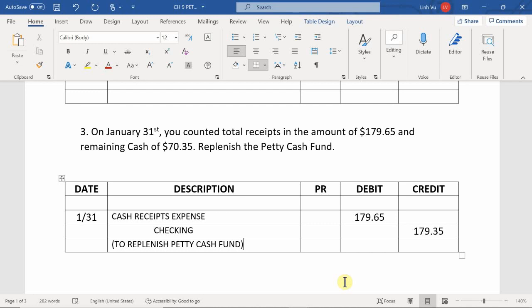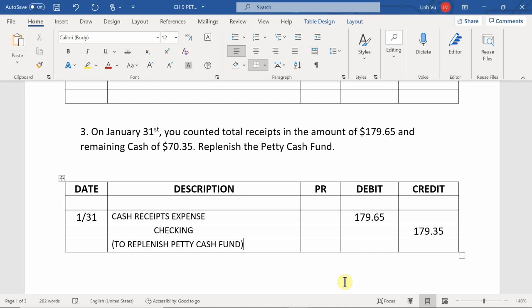I've spent all that money and I only have $70.35 left. Now, in order for me to prepare for the next month of expenses, I need to have my petty cash drawer be a total of $250 worth of cash, so then I can make my expenses for the following month.